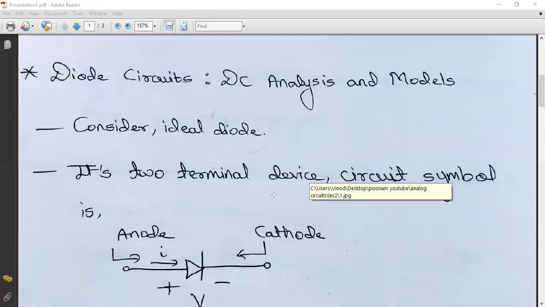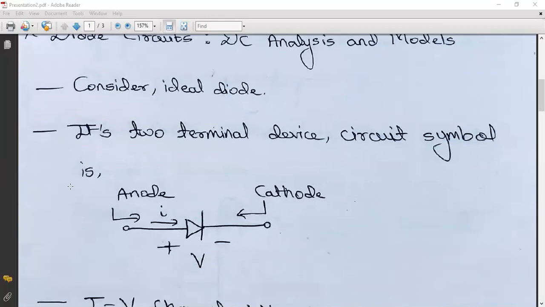We are going to consider an ideal diode to understand its terminals, symbol, everything and its working also. We have seen already that the diode has two terminals. One terminal is known as anode and the other terminal is known as cathode. It looks like an arrow structure.